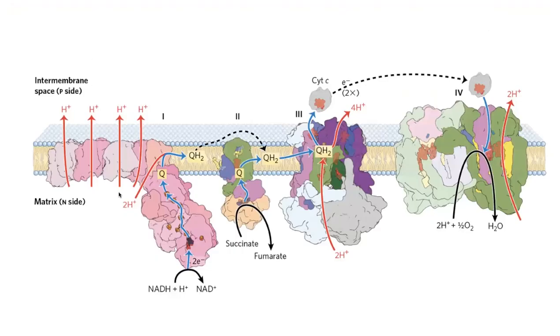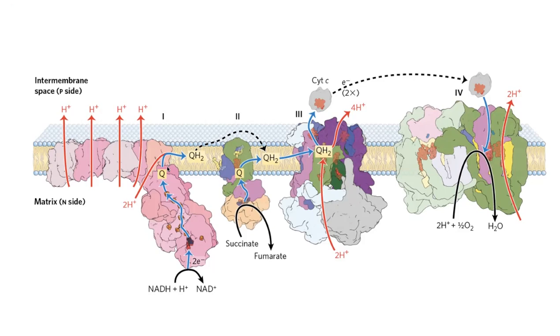All right, so we've got these 4 complexes, and really complex 2, we can take that out and it wouldn't matter. It would matter in terms of our final yield. But complex 2 is really just an alternative way to give electrons to Q. So remember Q, that's our ubiquinone.